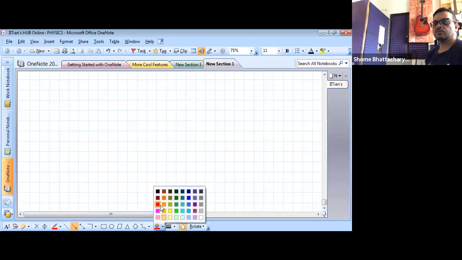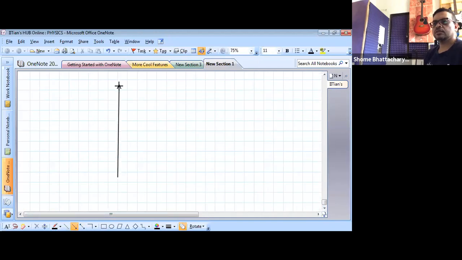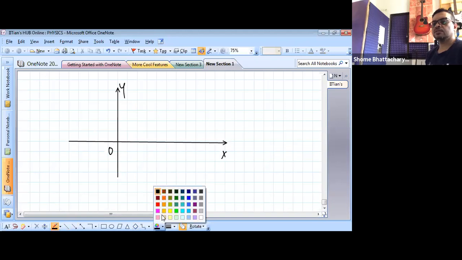By component method, what you can do is you can take some random xy axis such that imagine your vector P is along the x-axis, P i cap.